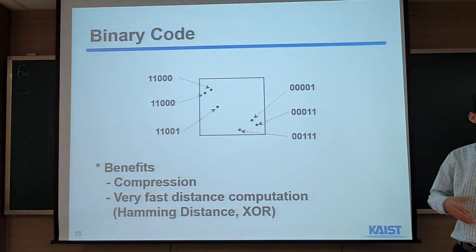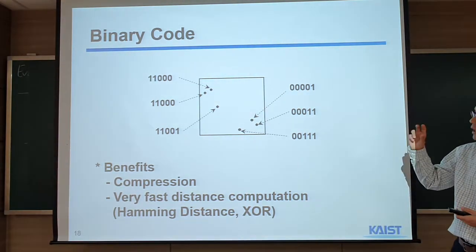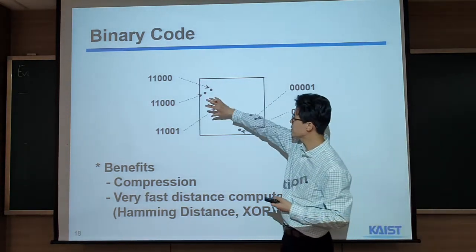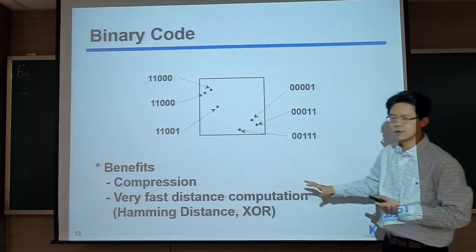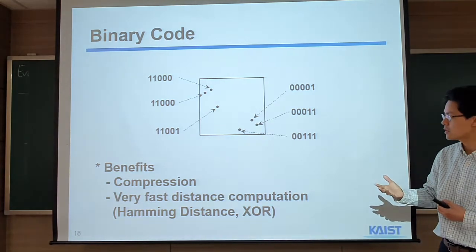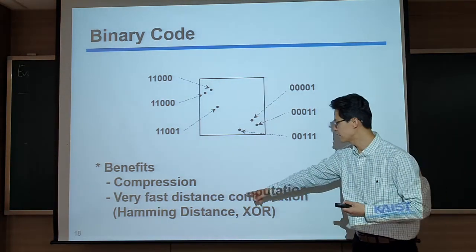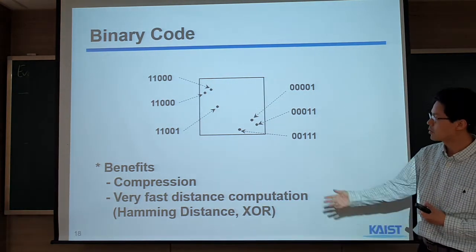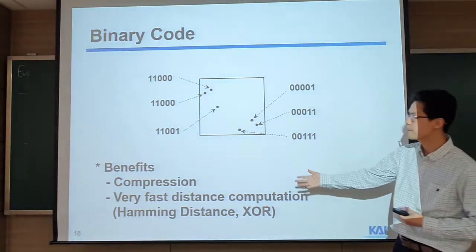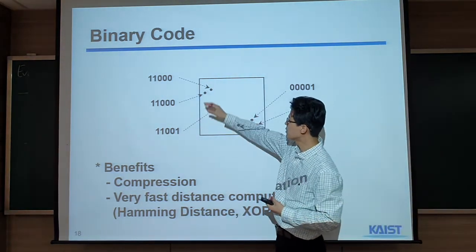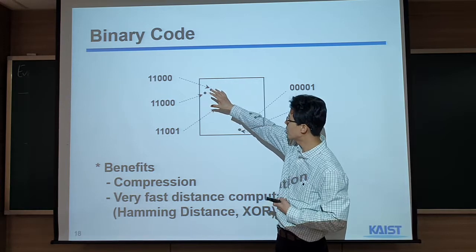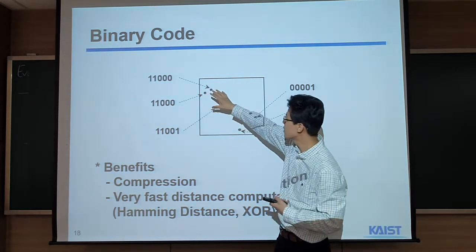We can compute the distance between these two descriptors in a very fast way, since recent CPUs and GPUs can provide very fast distance computations. I will talk about the Hamming distance, right? Hamming distance is nothing but the number of bits that have a different bit value.